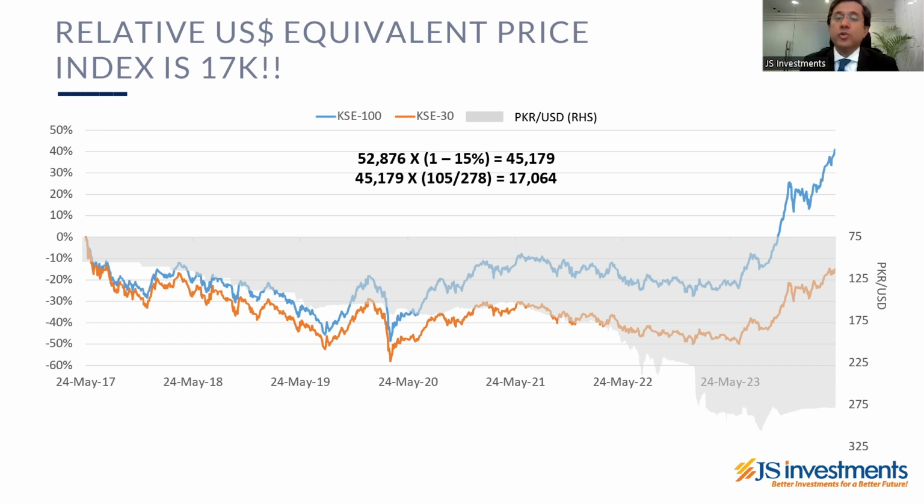And if I also incorporate the exchange rate differential, because back in 2017 the rupee was at 105 against the dollar, whereas presently it's around 280, the dollar-equivalent price index comes to merely 17,000.